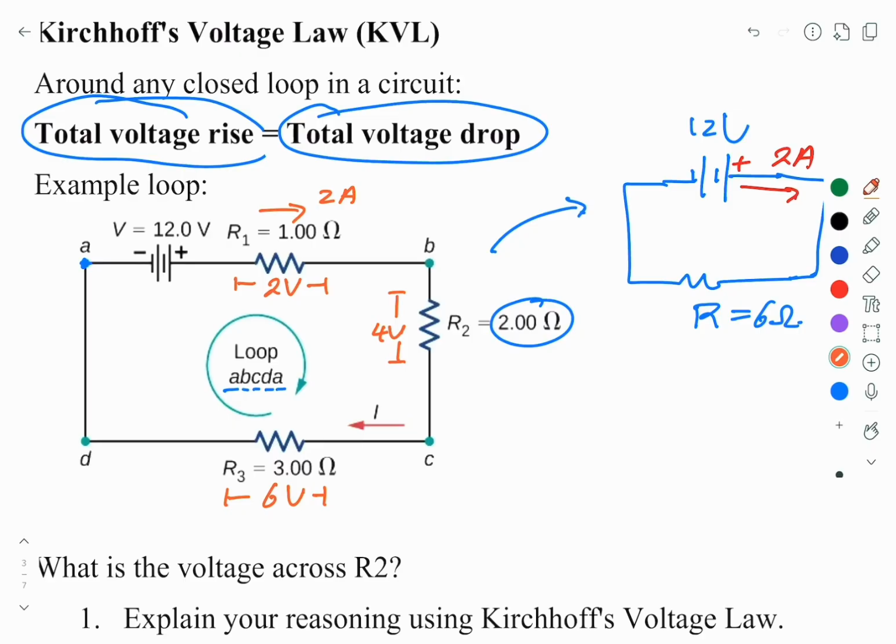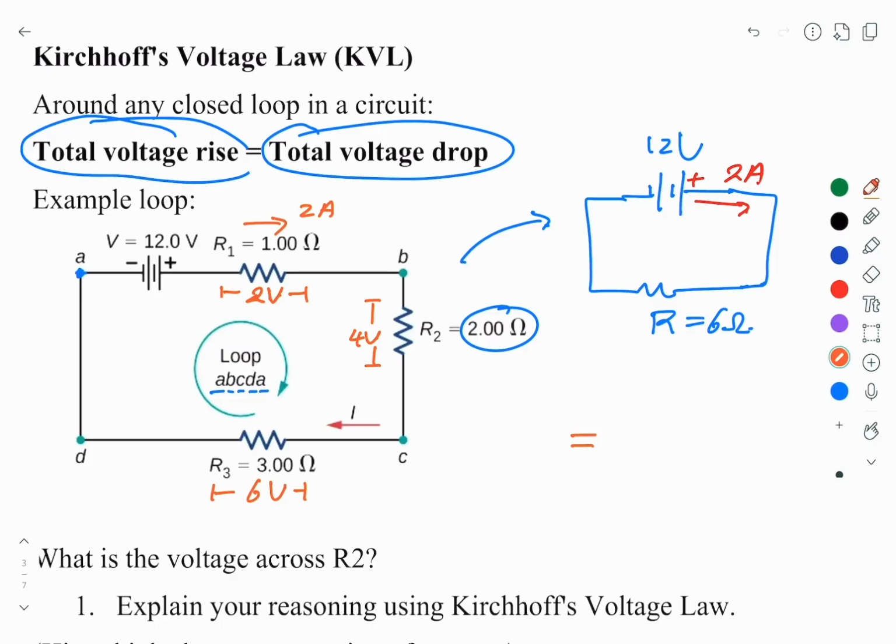Now the Kirchhoff rule will say, when we analyze this loop, we can see what the voltage rise is and what the voltage drop is. Let's first analyze the total voltage drop. The total voltage drop along this path is 2 volt, 4 volt, and 6 volt.